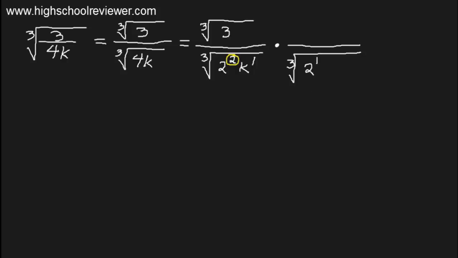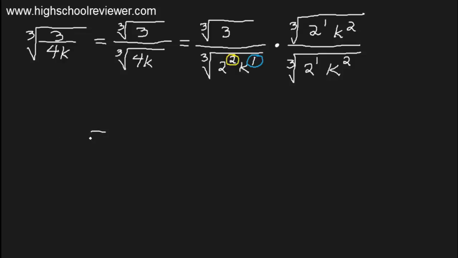And then for the exponent of k, our exponent here is 1. So 3 minus 1 is 2. So the exponent for k that we need will be 2. So this will be 2 raised to 1 multiplied by k raised to 2. For the numerator, we will just copy our denominator, which is the cube root of 2 raised to 1 times k raised to 2.